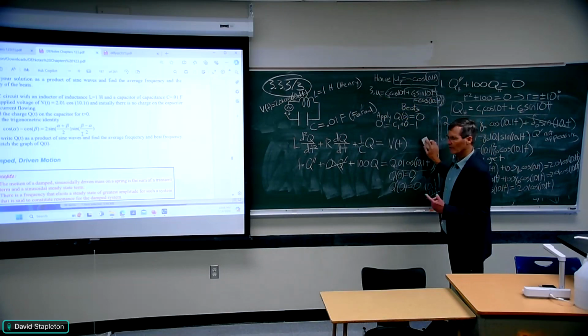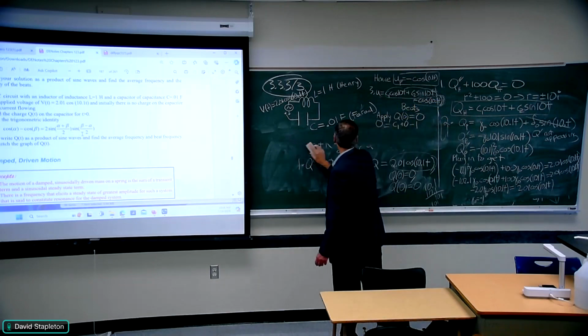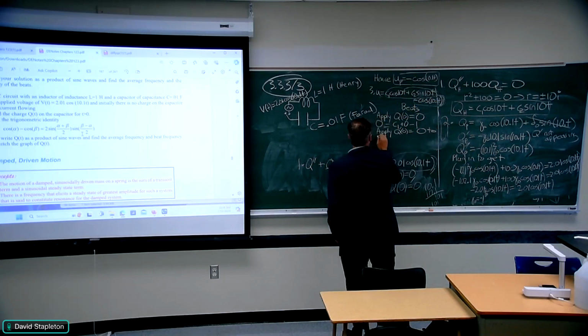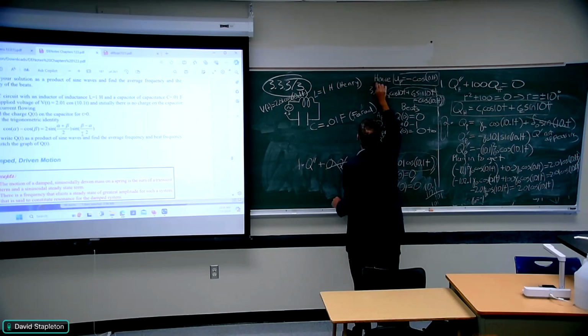Well, I hate to get rid of this, but I guess I've got to. All right, now you apply Q prime of 0 equals 0, that the initial current is 0. Well, you have to apply it to the derivative, so I need to compute the derivative first. I put U, this should be Q, not U. And this should be QP, just to keep consistent with my Q's here.